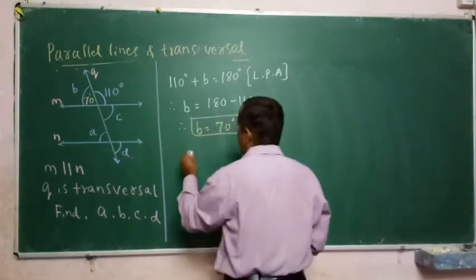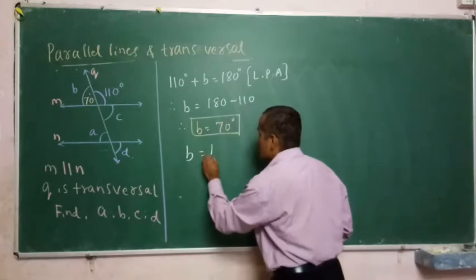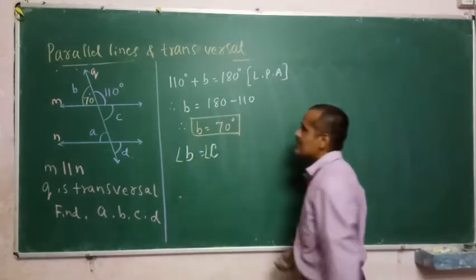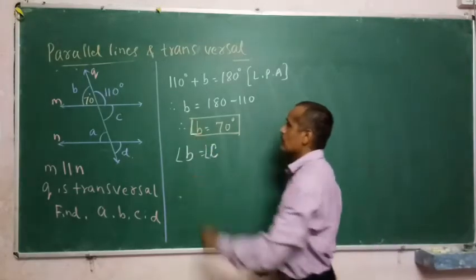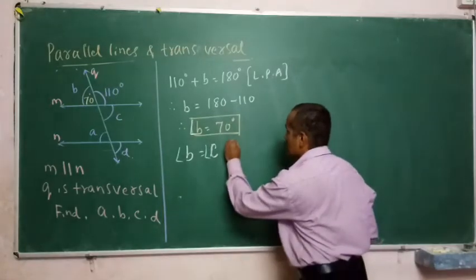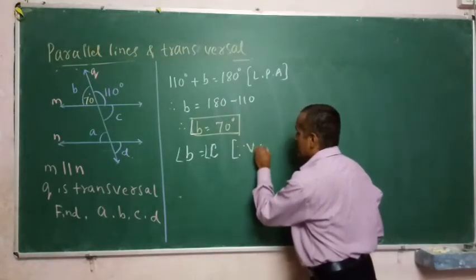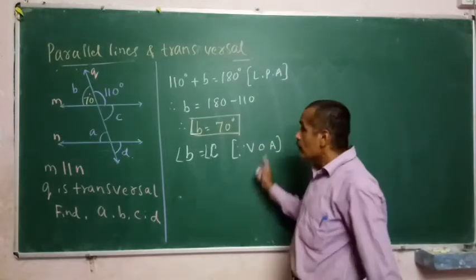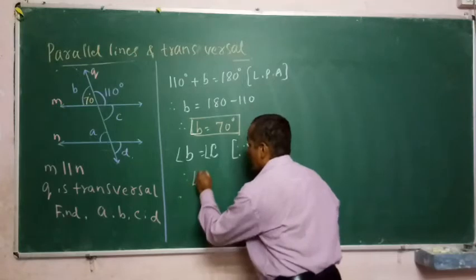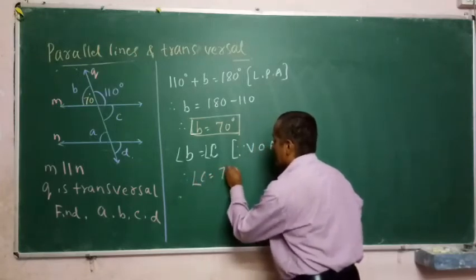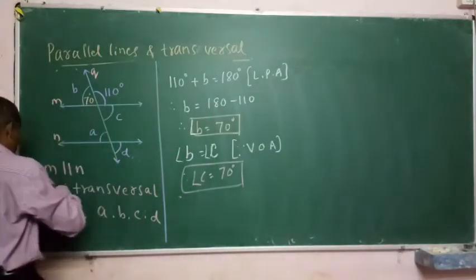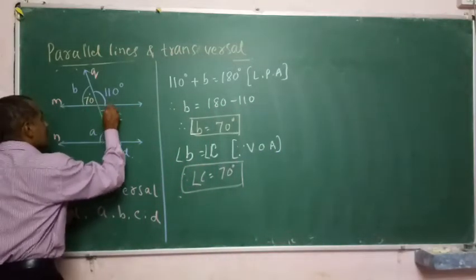I can write angle B is equal to angle C. This is because of vertically opposite angles, and you know that they are equal to each other. Therefore, angle C is equal to 70 degrees. Now I got this is also 70.